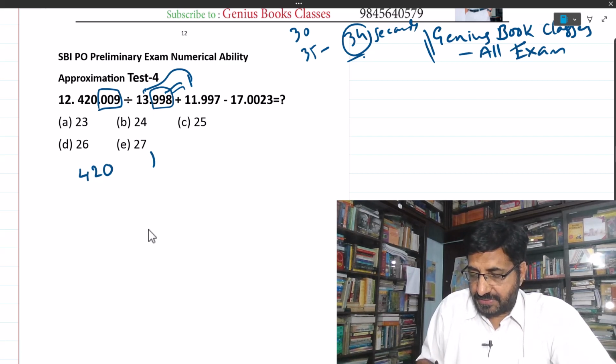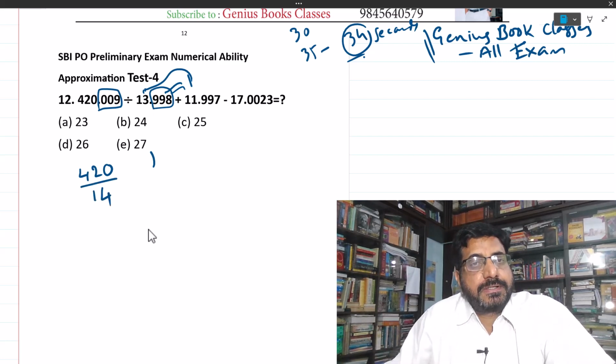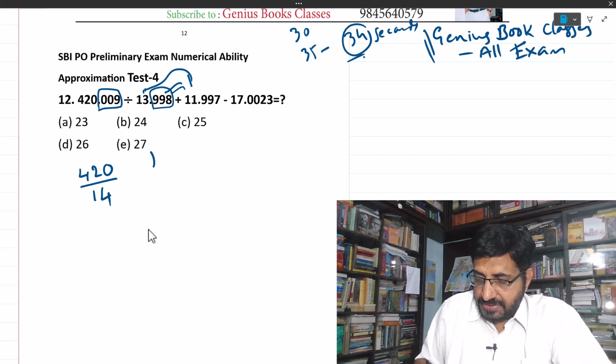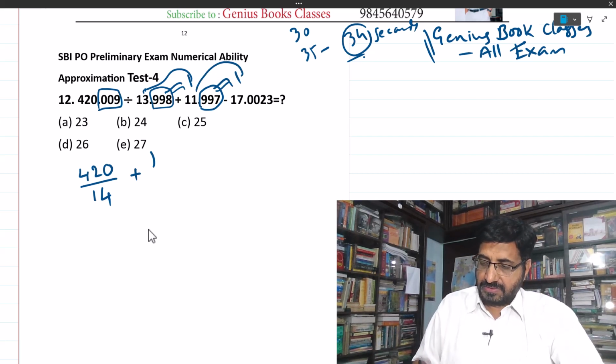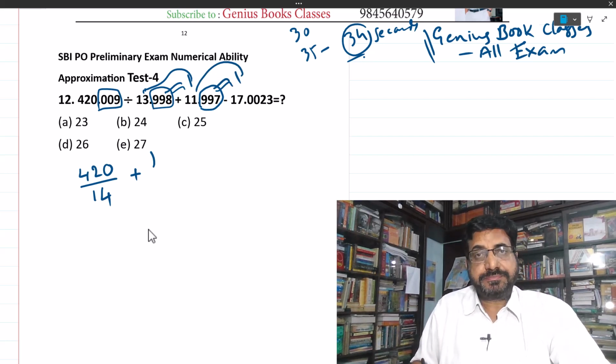Since it is division, you write it in the denominator. Then plus 0.997, you cannot neglect because it is nearing 1, so this is equal to 1. Add this one to this, so it will be plus 12.